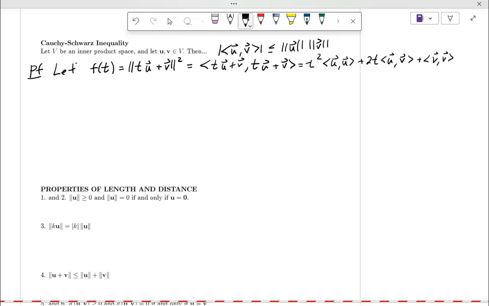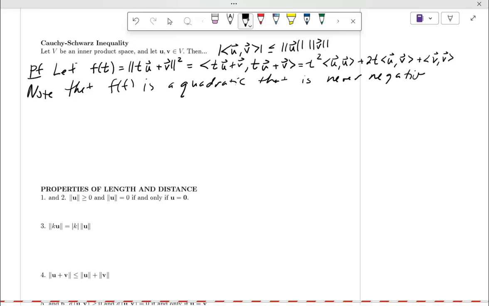So either it doesn't cross the x-axis or it just touches it, right? We agree? Okay. So I'm going to write that down. So note that f of t is a quadratic that is never negative.